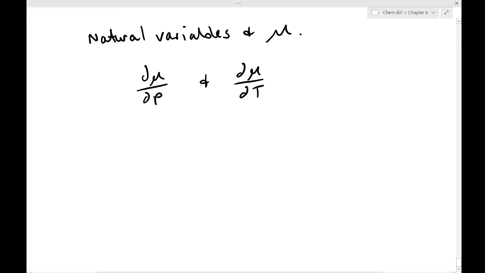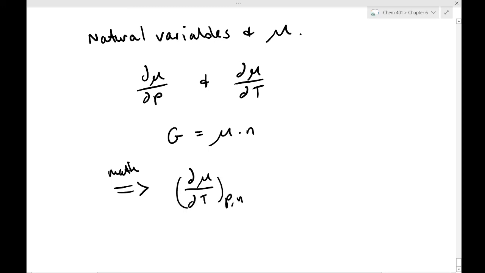Now recall that the Gibbs energy is equal to mu times n, essentially. If we do a bunch of math, recalling a bunch of things from chapter 4, when we went through this in more detail, we can write the change in chemical potential with respect to the change in temperature, with pressure and number of molecules constant, equal to negative S hat, or the molar entropy of the system.